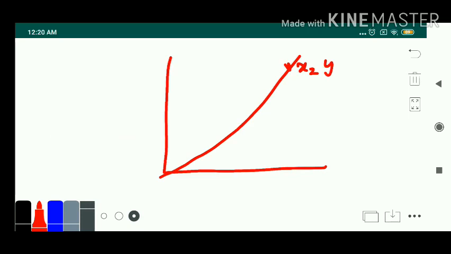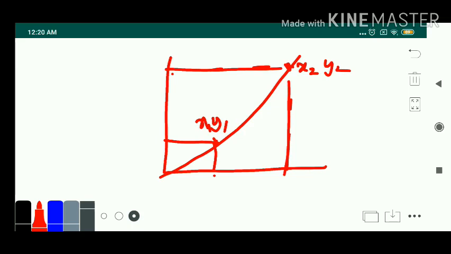This is x2, y2, and this point will be x1, y1, with the corresponding x1, y1, y2, x2. At this point, this was the theta, and for this one, the theta will be like this. So the problem came when the distance was very large. This is theta 1, this is theta 2, very, very different angles.